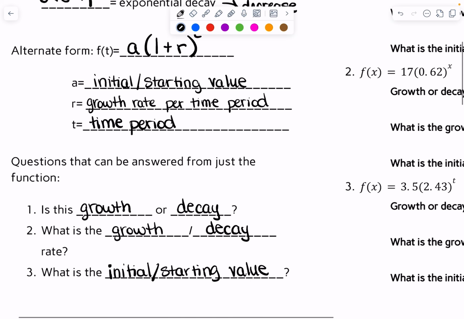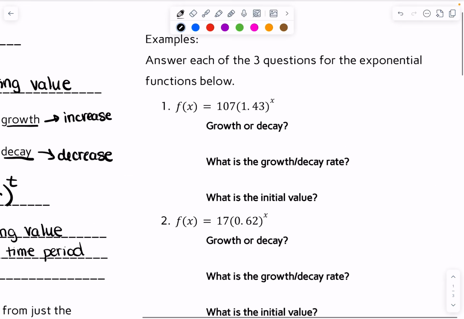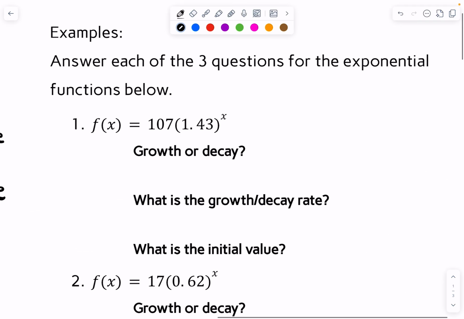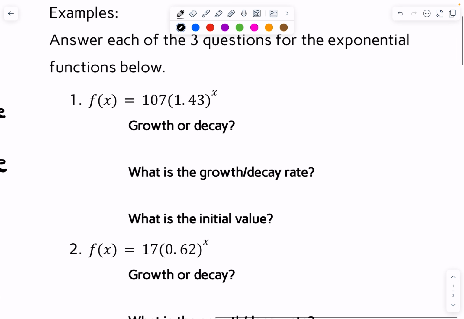Let's take a look at a few examples where we're going to break apart these equations and answer these three questions. Looking at our first equation, we have f of x equals 107 times 1.43 to the x power. The first question, is this growth or decay?